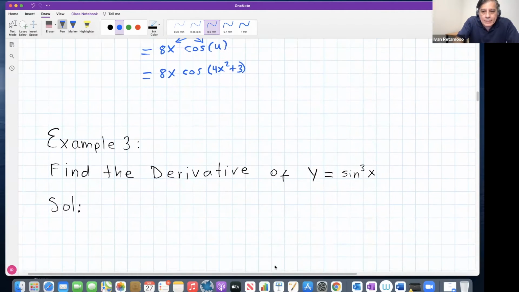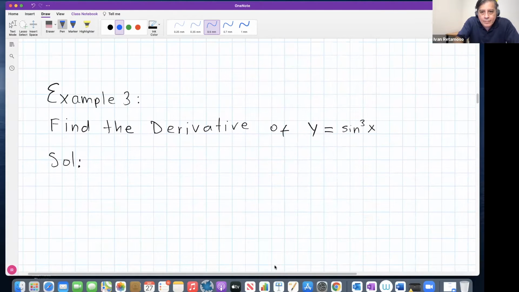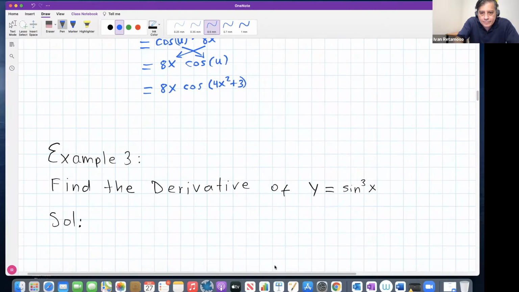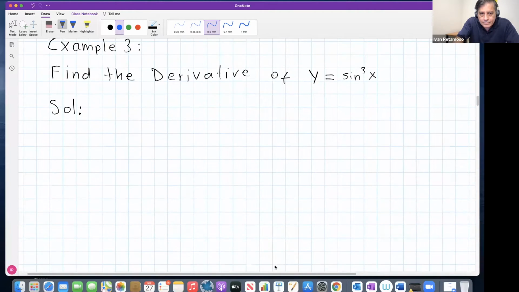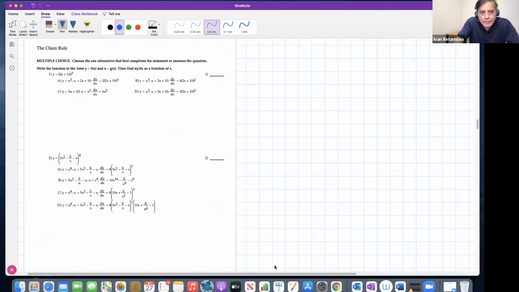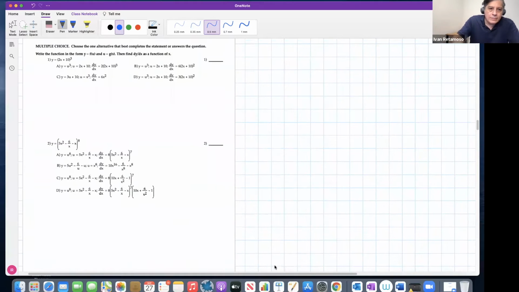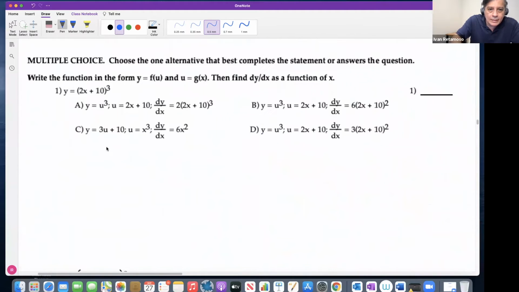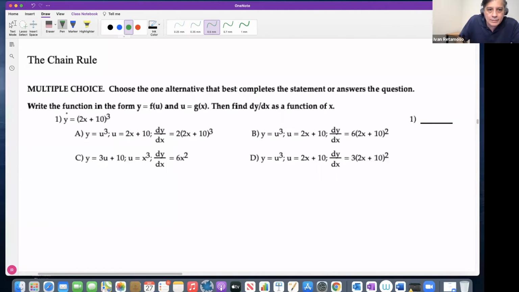Before I go over example 3, probably you should do some work. Let's do at least one, and then we'll go back to example 3. Can you try this following the example that I just gave you? This one, number 1.